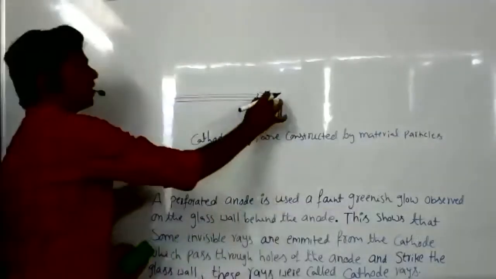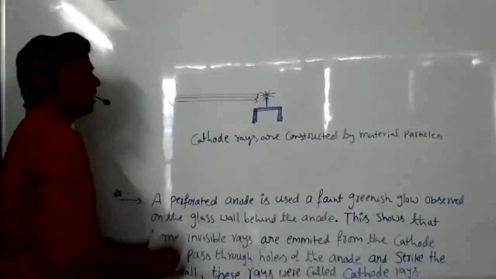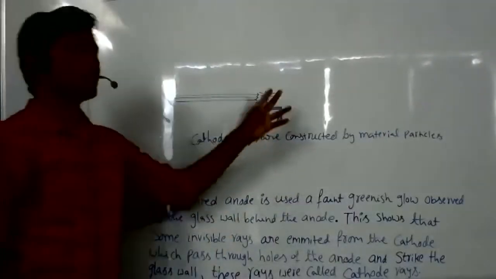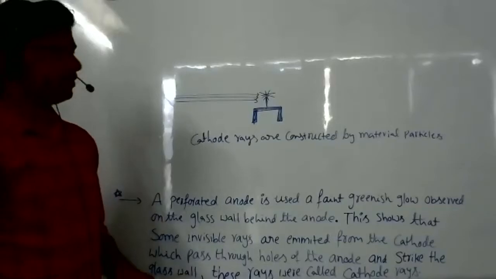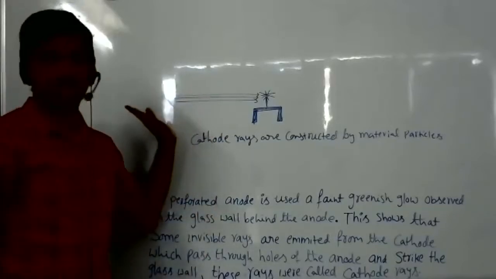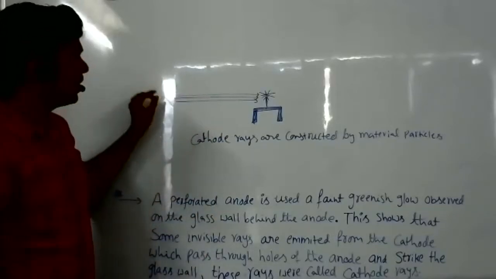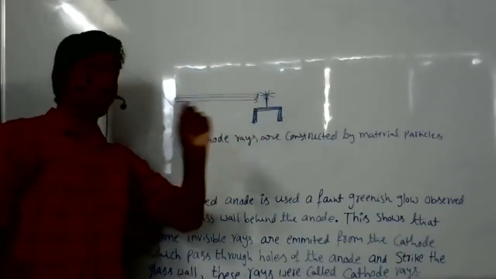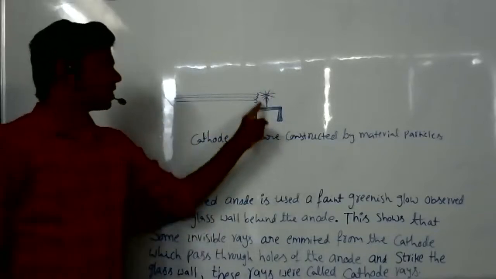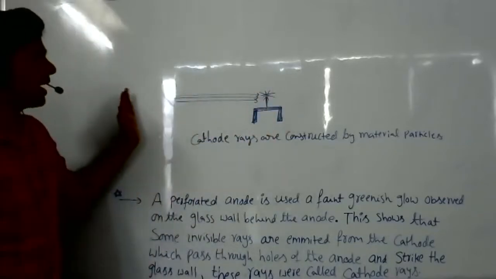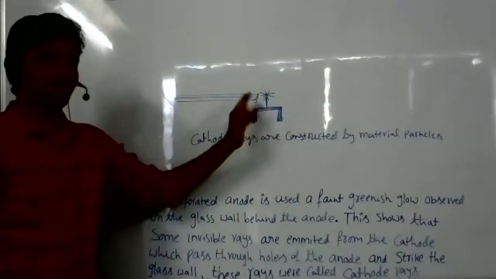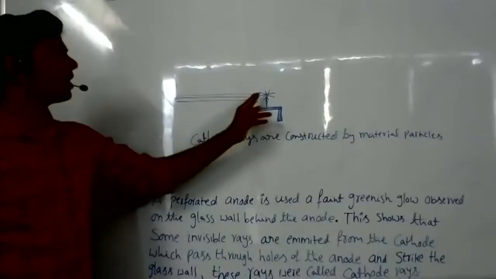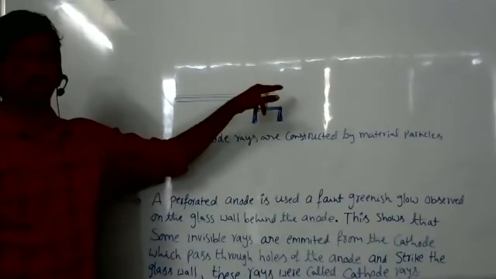See, suppose you are keeping a small wheel. When you pass normal light, it won't start rotating. Any color of light you pass, it won't start rotating. When you beat it with a small pebble or stone, then it starts rotating. Even when a gas or a strong wind is passed on it, the wheel starts rotating.